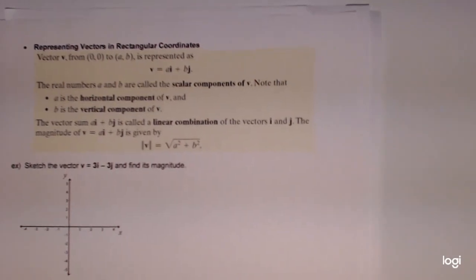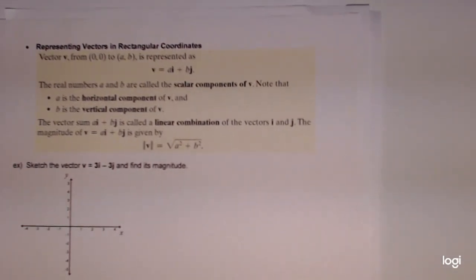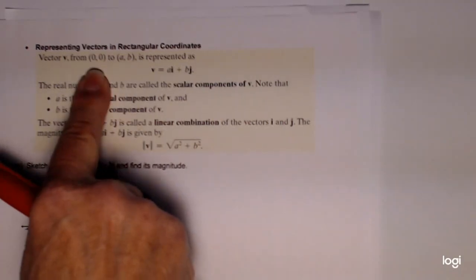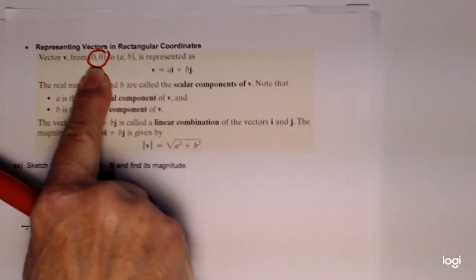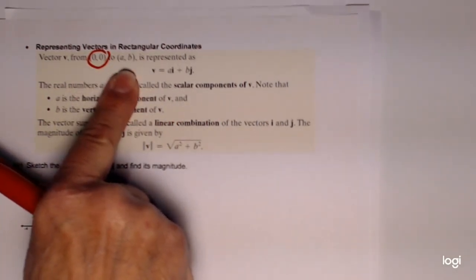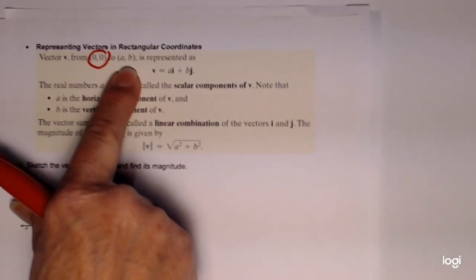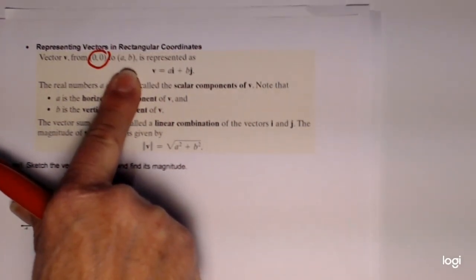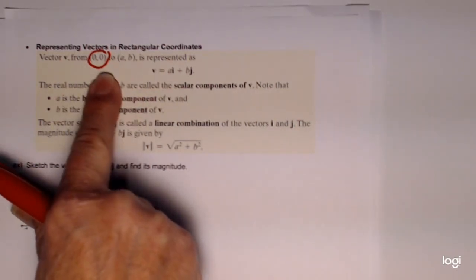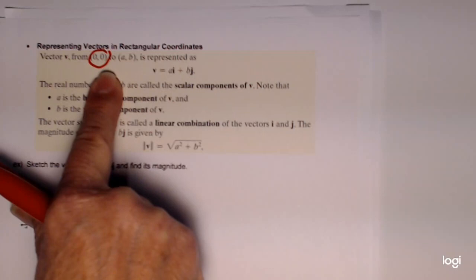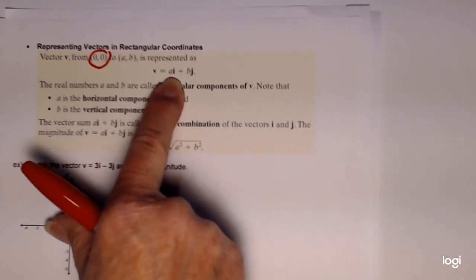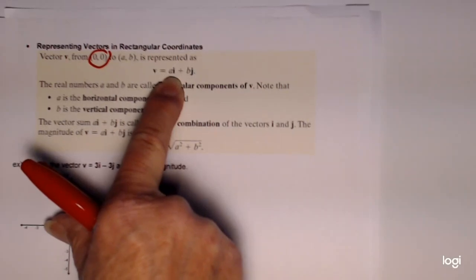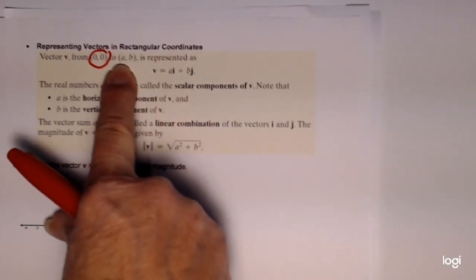So we're going to be looking at vectors that have an initial or a starting position at the origin. So we're looking at vectors that start at the origin 0, 0, and then go to their ending point, or their terminal point, some x, y that we're just going to call A and B. And taking this vector information and writing it as an equation using I and J is going to look like this, where this vector V is going to be the information in front of the I, which remember is x direction, is going to be A from the x here.